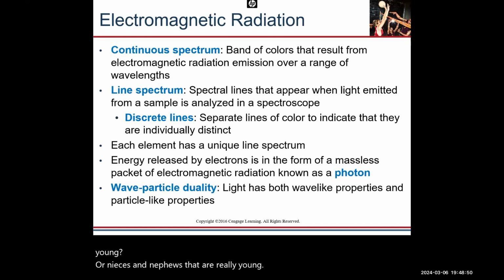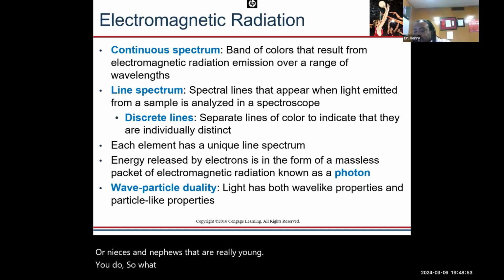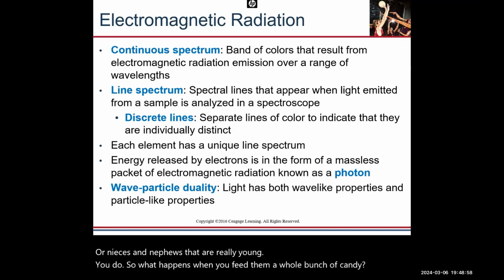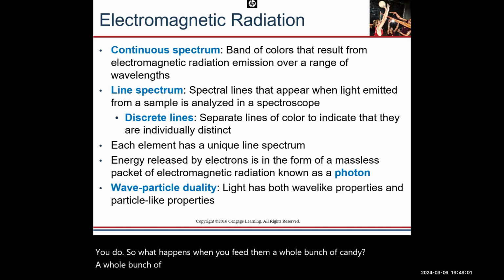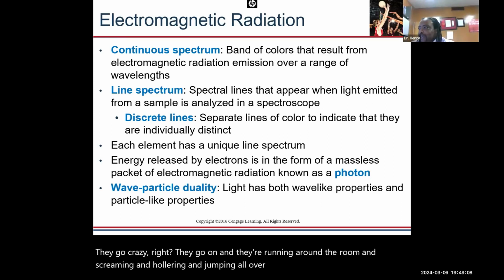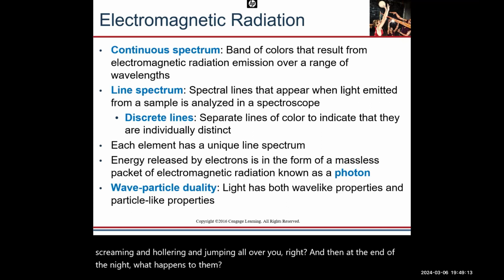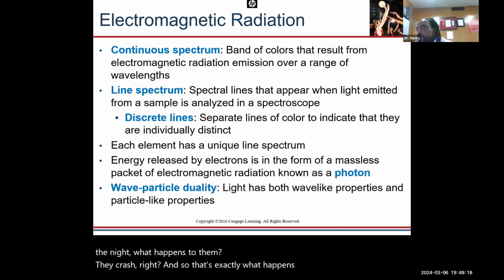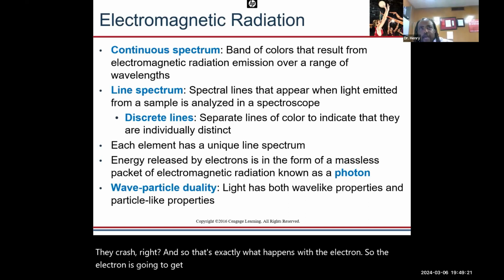What happens when you feed them a whole bunch of candy? They go crazy, running around the room, screaming and hollering and jumping all over you, right? And then at the end of the night, they crash. That's exactly what happens with the electron. The electron gets excited, and then it crashes. When it crashes, it emits light, and that's what we see in our spectrum.